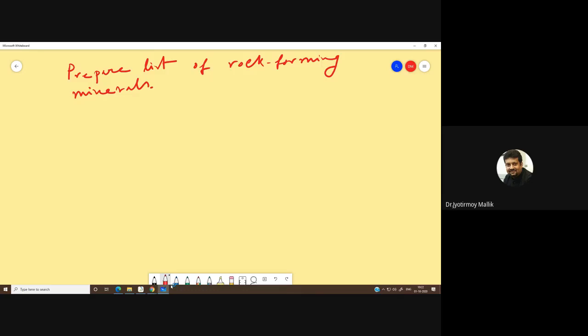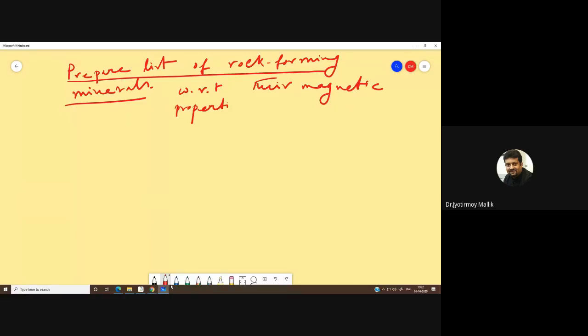So prepare a list of the common rock forming minerals with respect to their magnetic properties. That is essential for you. Which one at room temperature is diamagnetic, which one is ferromagnetic, which one is paramagnetic. That is something that should be in your head.